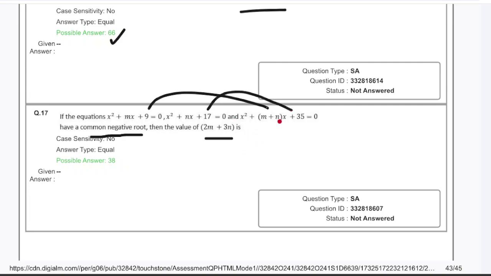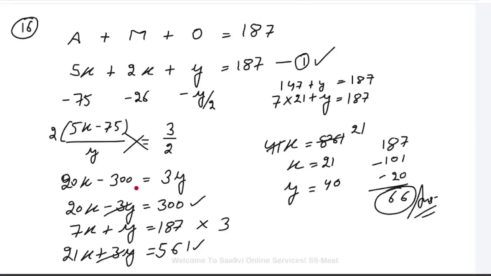So if I subtract x square plus (m plus n)x plus 35 minus x square plus mx plus 9, I can easily see what exactly we're going to get. Let's just do it for your ease. Question number 17: x square plus (m plus n)x, that is nothing but mx plus nx. Let's write that straight away. x square plus mx plus nx plus 35, that is equal to 0.